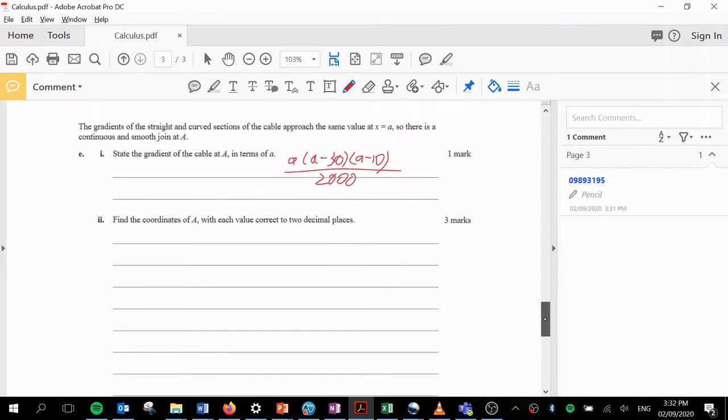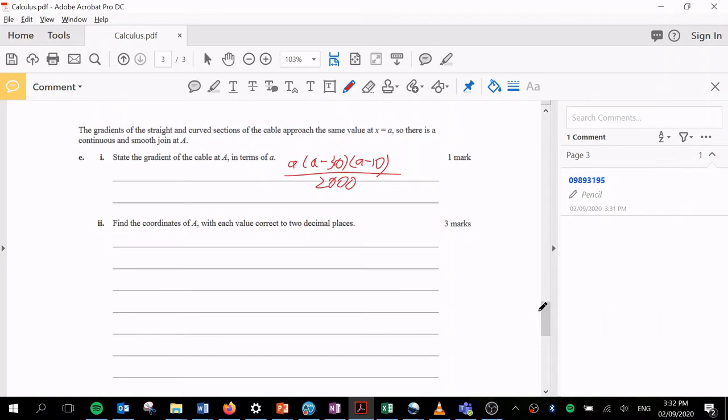So if we think back, the point capital A occurs when the straight section matches the curved section of the cable, or more specifically, the gradients of these two match. So that means that we need to find where the gradient of the curve matches the gradient of the straight part. Luckily, we already have the gradient of the curved part, and that's what we found in part E1.